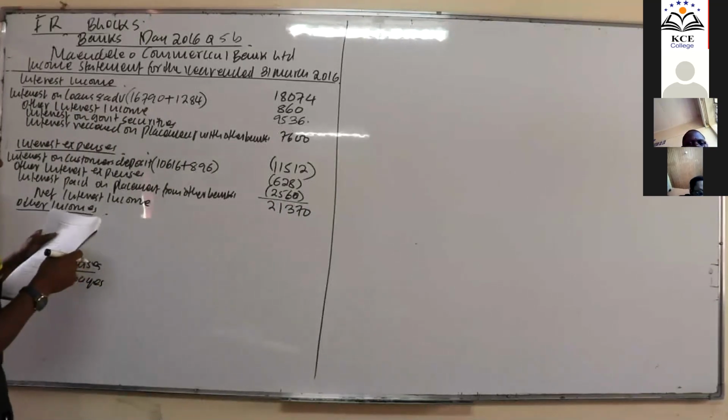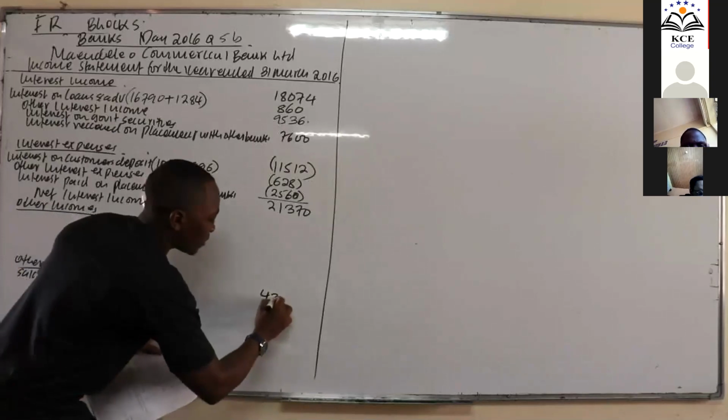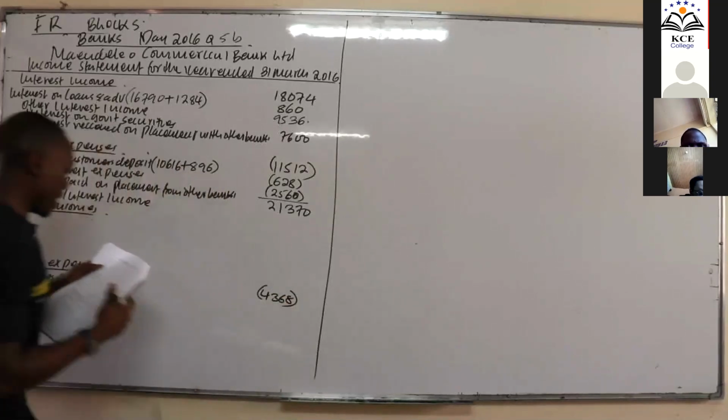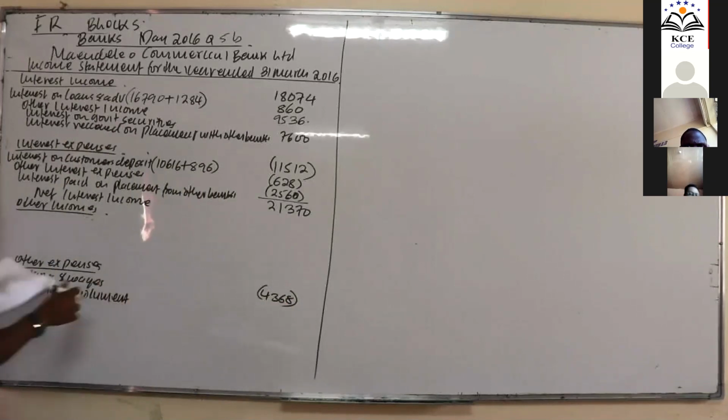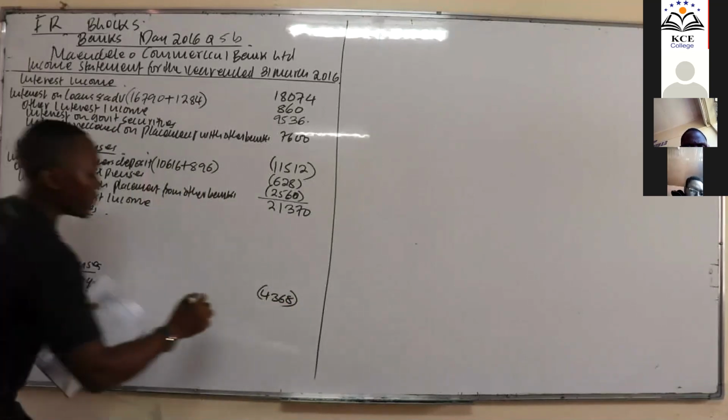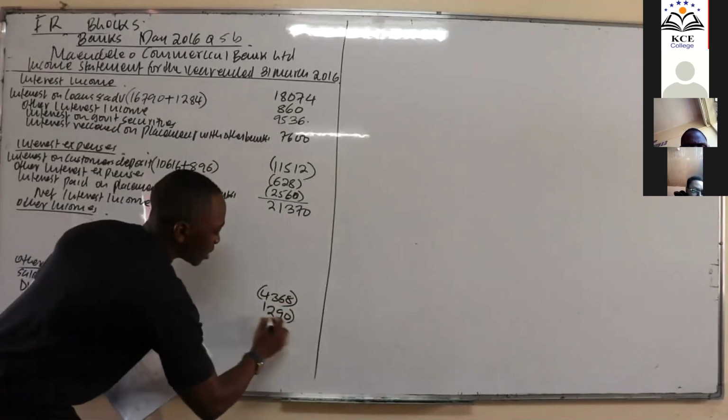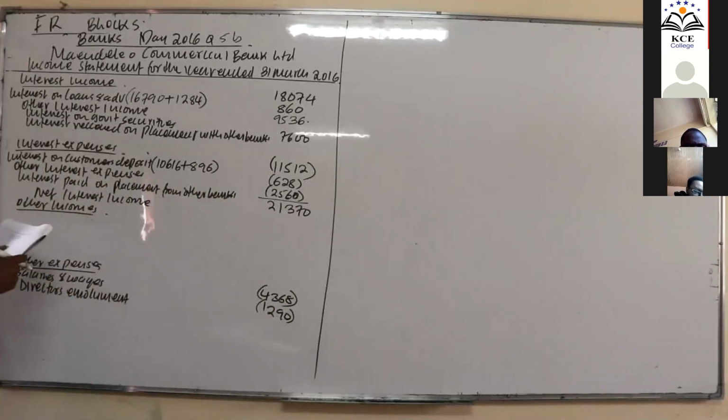That one we deduct, 4368. Directors' emolument, it's an expense, an amount of 1290. Depreciation of plant, an amount of 1630.